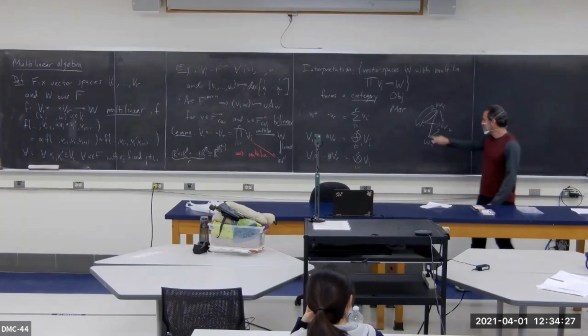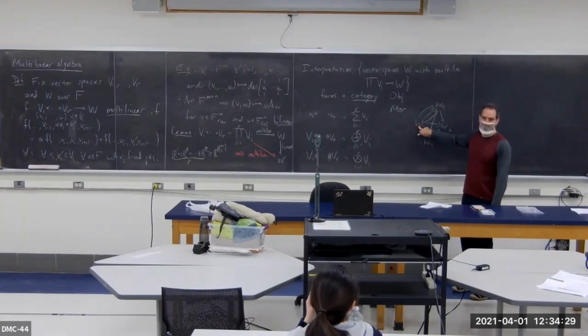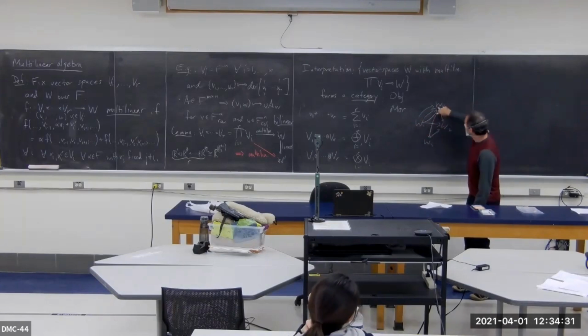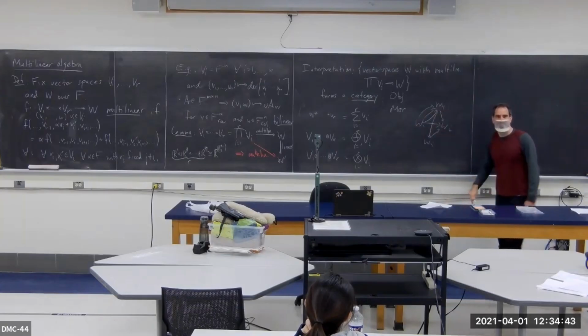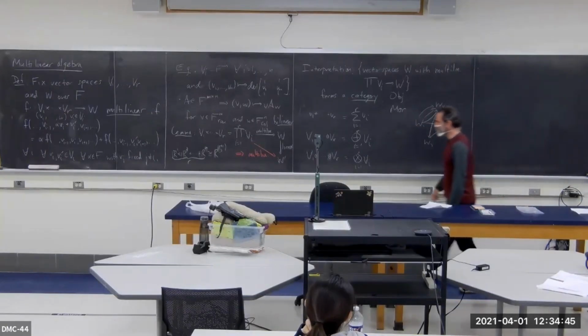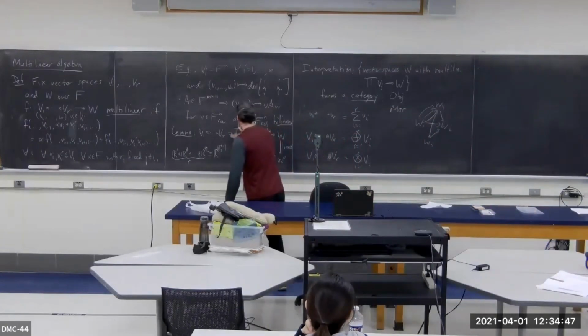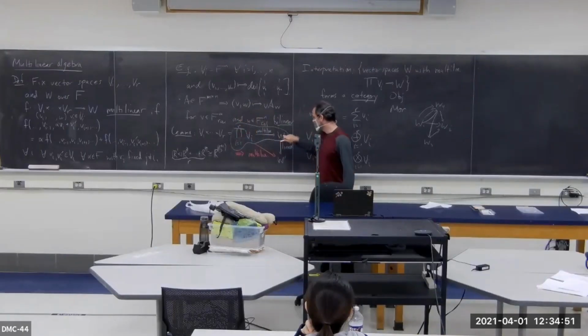So if you give me a map from the product to this W1, then the morphism that goes along the bottom arrow to W4 gives you a multilinear map to W4. Going from W1 along the middle arrow to W4 gives you another multilinear map to W4, and so on and so forth. So the point is that the object in the category is exactly one of these. It is W plus the multilinear map from the product to W.